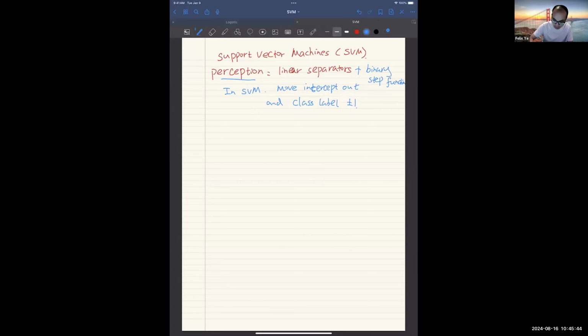So what does that mean? If we use this notation, we have phi of x equal to w x plus w0, where we intentionally separate out the bias. This will be equal to 1 or -1, corresponding to class 1 and class -1.